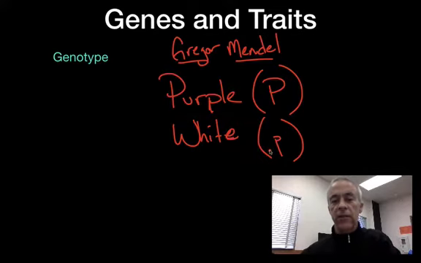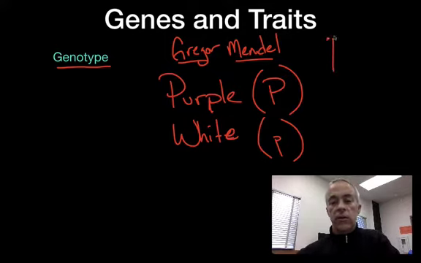We have learned since Gregor Mendel did his studies that for every gene, we have two copies of that particular gene in our DNA. One we inherited from our mom, one we inherited from our dad. And what we're talking about there is our genotype, which is what's in your DNA. And so if we use this flower color as an example, there's three possible genotypes for flower color.